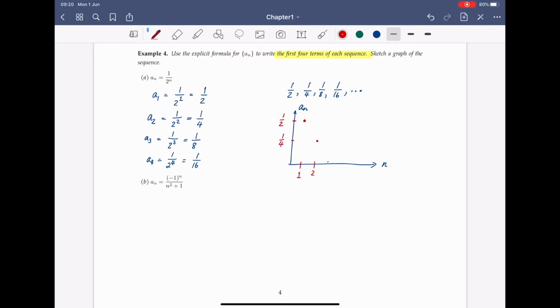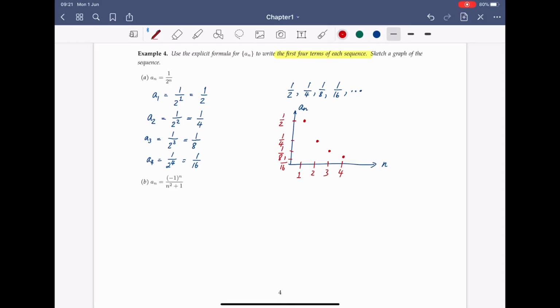The third term, this is 1/8, which is here. And then the fourth term, this is 1/16, which is here. All right, and that is the graph of the sequence a_n. And so on. Actually, we just stop at 4 because this is enough.